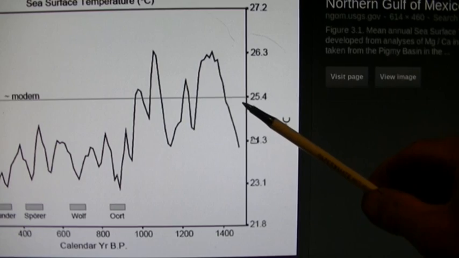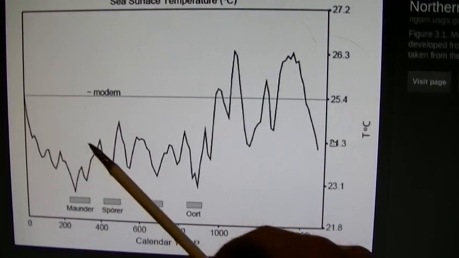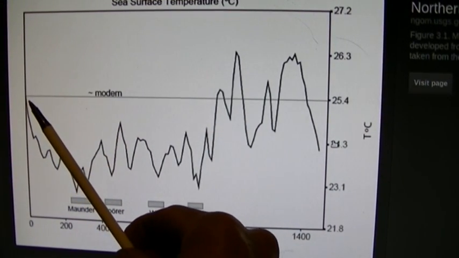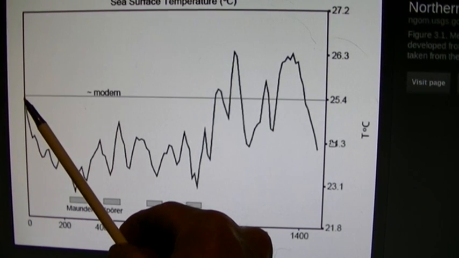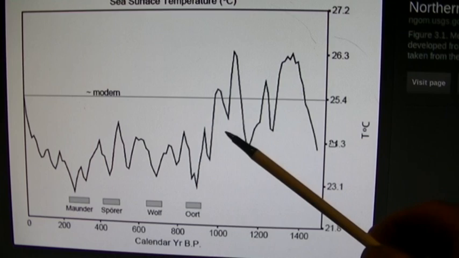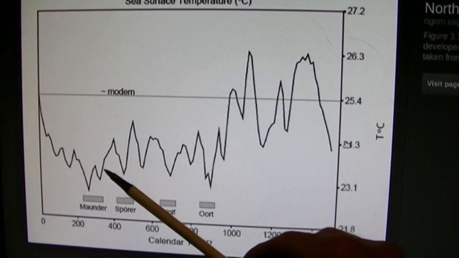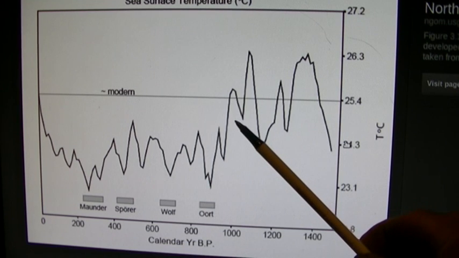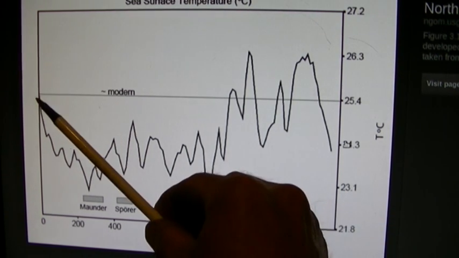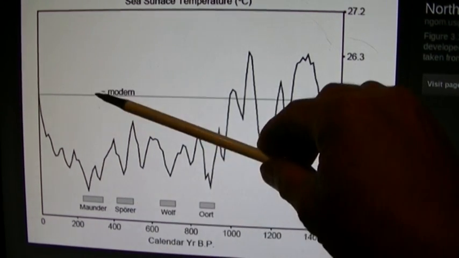And, okay, the modern era, well, that's not right. We just saw it's 31 degrees centigrade. So it's been pretty darn cold in the Gulf of Mexico for 1,000 years. But now we're at 31 degrees centigrade, which is right off the scale.